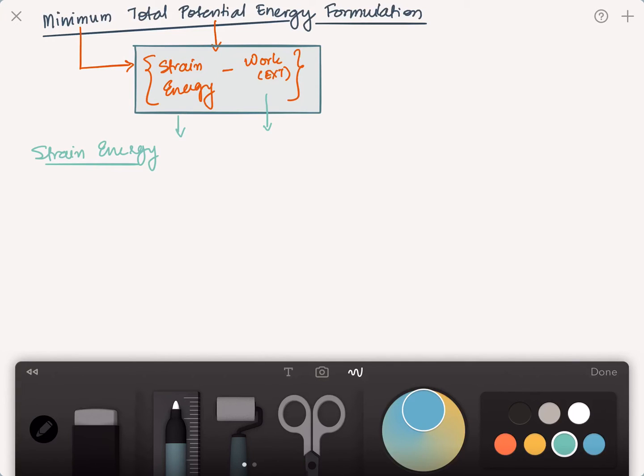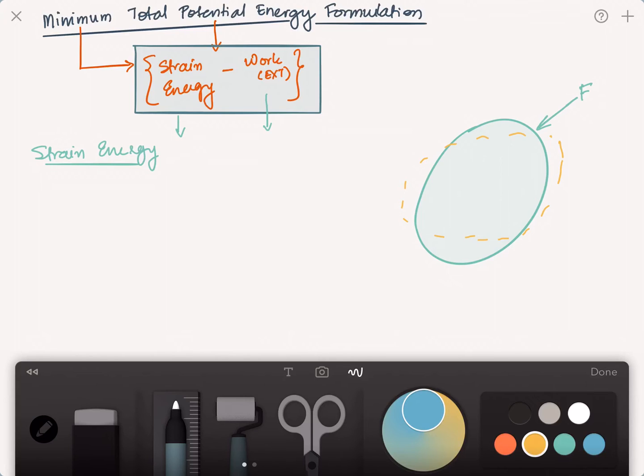When there is a certain load that is applied on a structure, so we just look at a certain continuum and we apply a certain load on it, let's call this F, then there will be some kind of deformation in the system depending on how the load is applied and what the material properties in the system are.